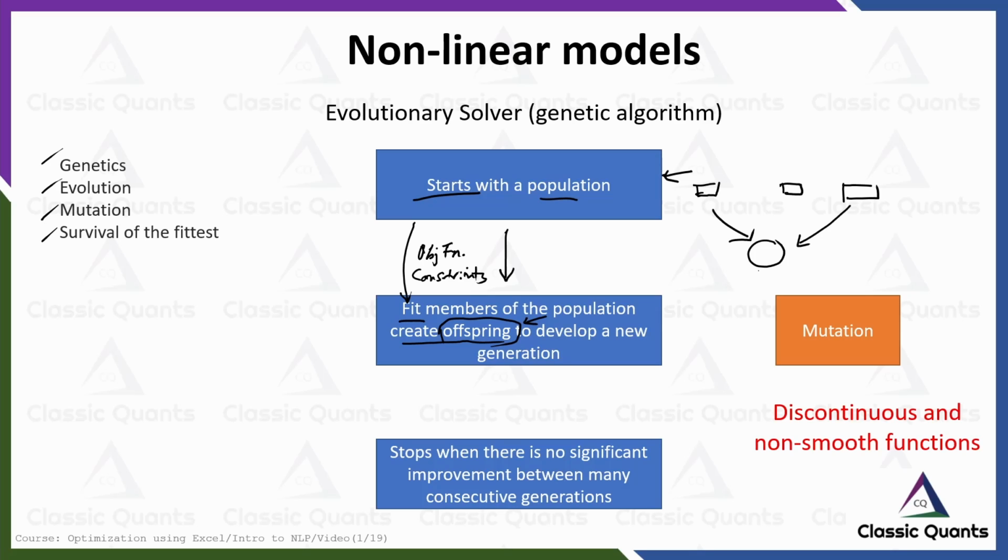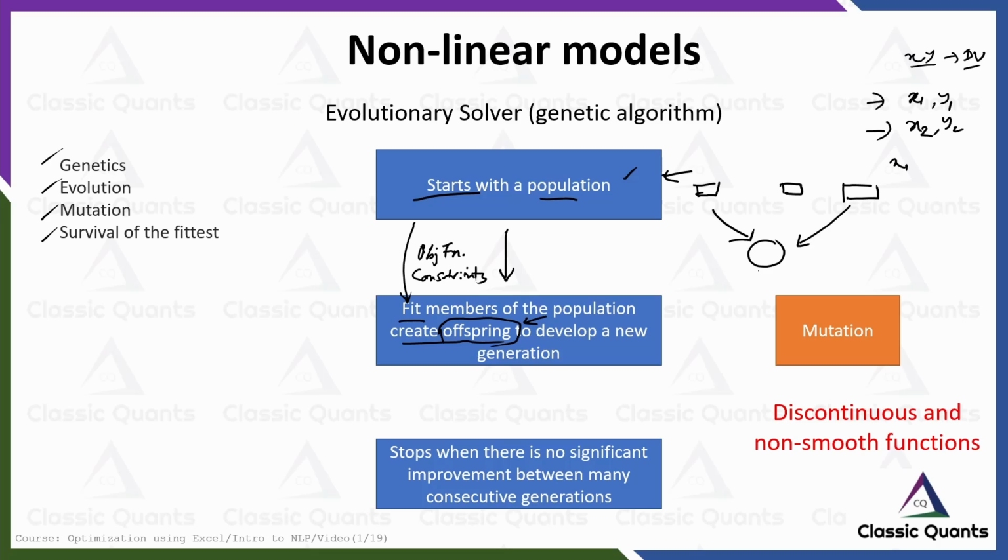Suppose two solutions are there and both have x and y. Solution 1 has x1 and y1 and solution 2 has x2 and y2. Here x and y are decision variables. This is the first solution, this is the second solution. Suppose in your population there are only two outcomes. So what is an offspring?